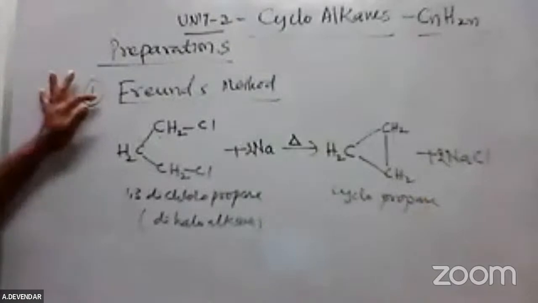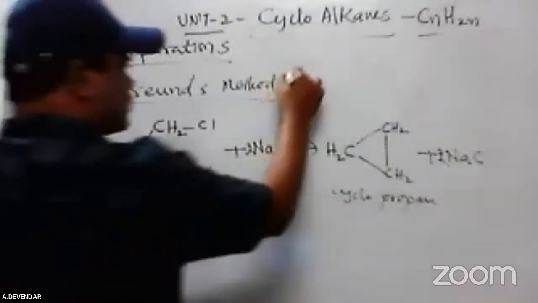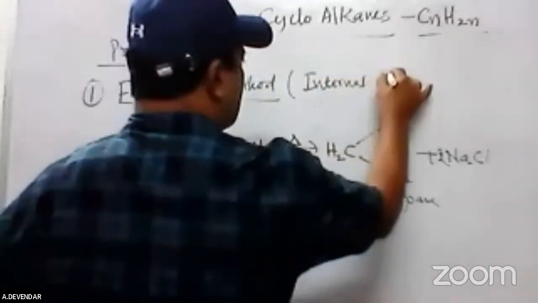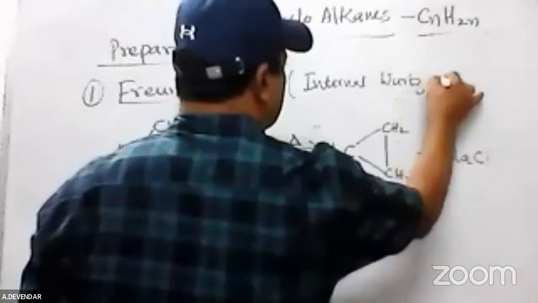This is Freund's method, a very easy method for preparation. It is also called the internal Wurtz method, the internal Wurtz reaction.